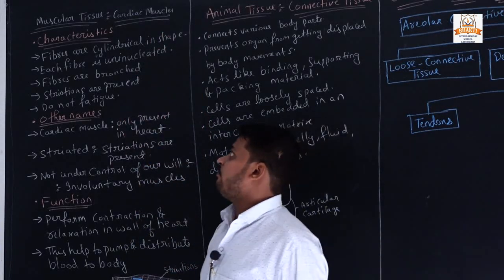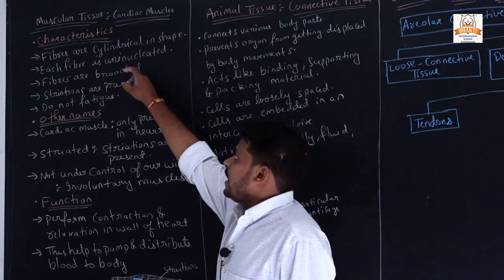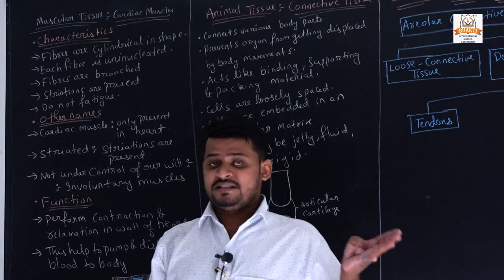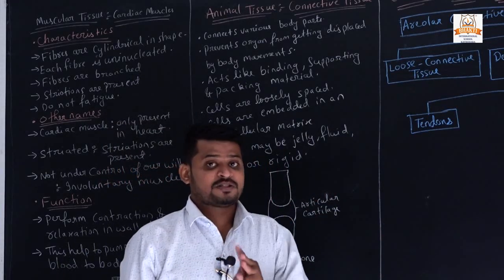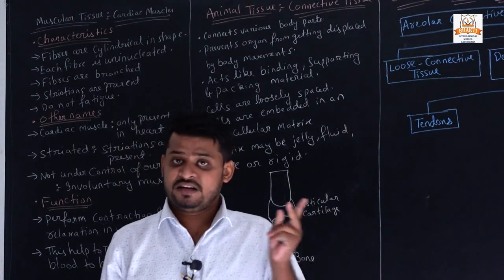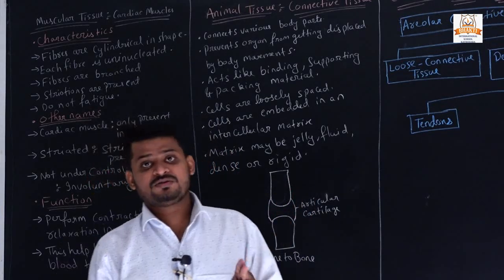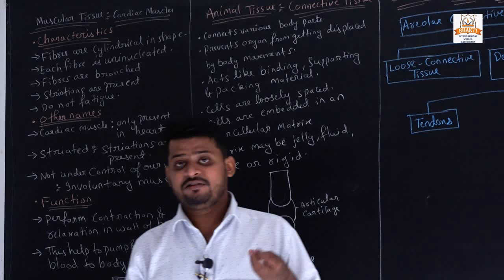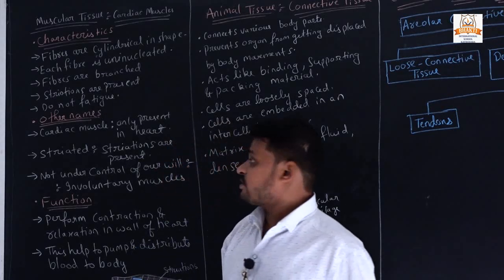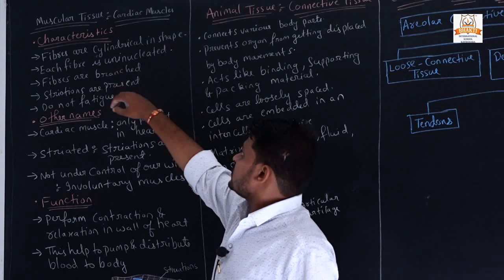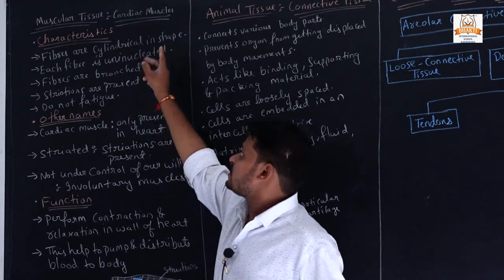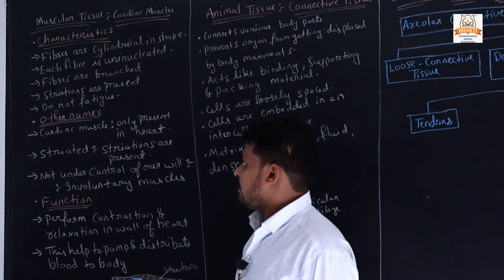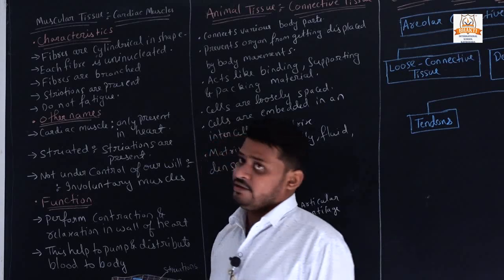This is our last type of muscular tissue, cardiac muscle, and its characteristics are: fibers are cylindrical in shape. We already saw that among the three types of muscular tissues, skeletal muscle has a cylindrical shape and smooth muscle has a tapering, pointed shape, but cardiac muscle is cylindrical, the same as skeletal muscle. Each fiber is uninucleated.